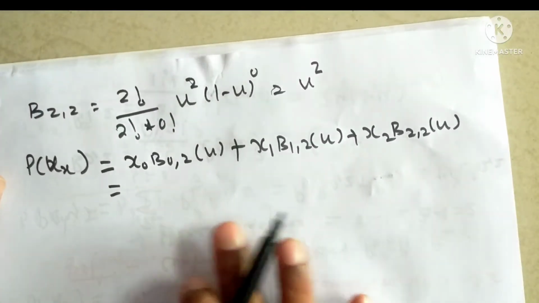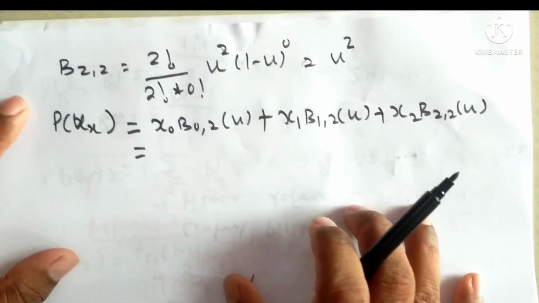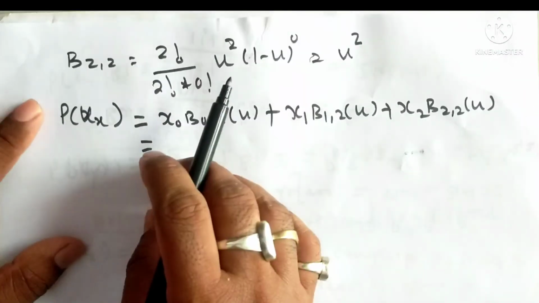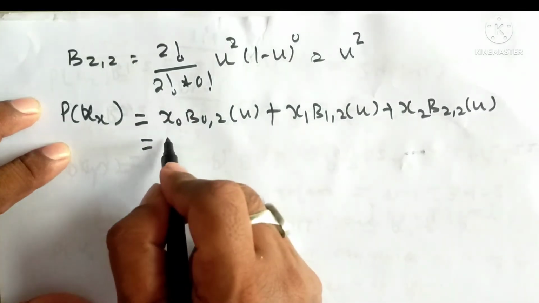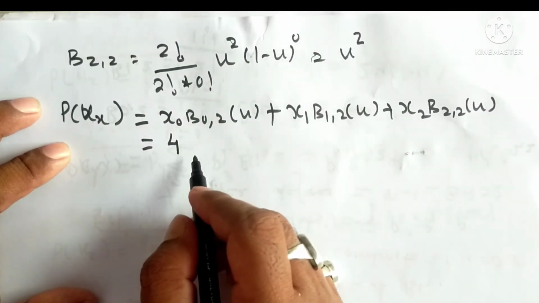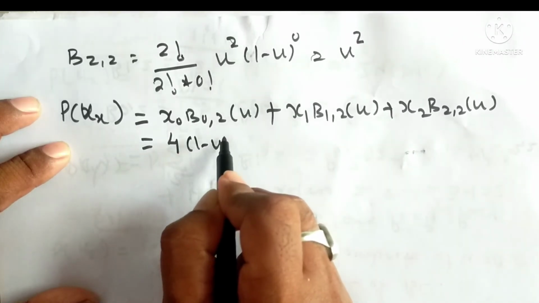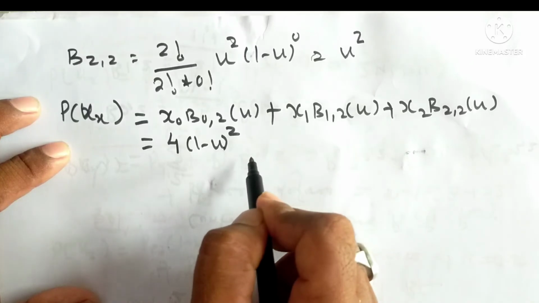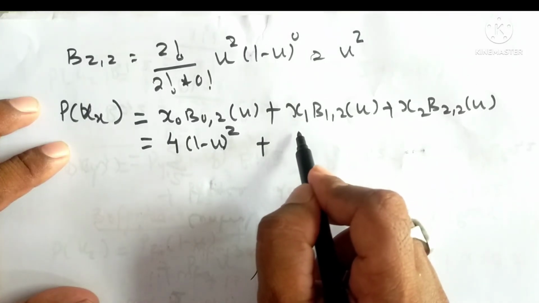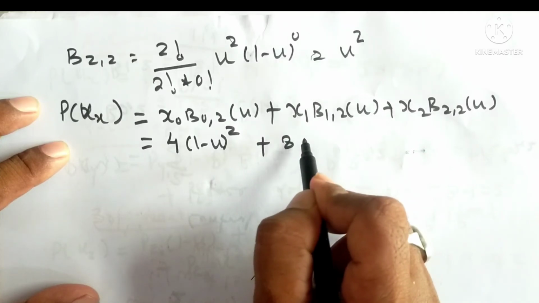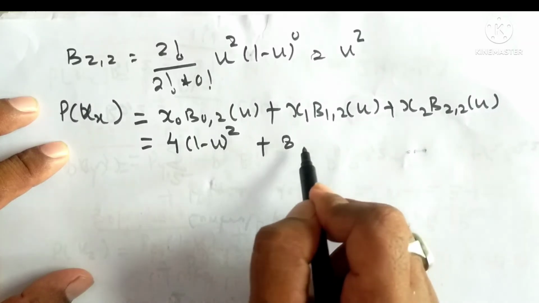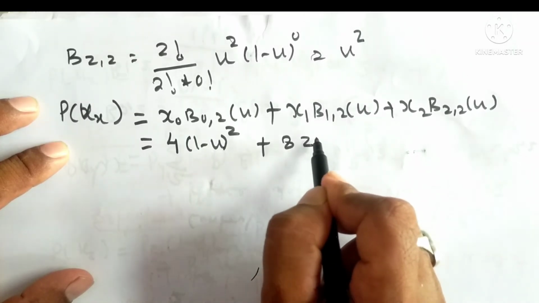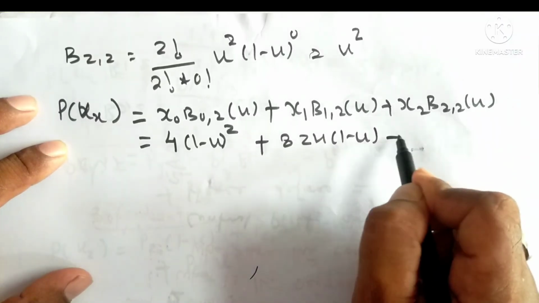So we can write here the x0 value, which I already told you is 4, into B0,2 that we calculated as (1 minus u) to the power 2, plus the x1 value, that is 8 as per the question, into B1,2 of u, that we got as 2u(1 minus u), already derived.